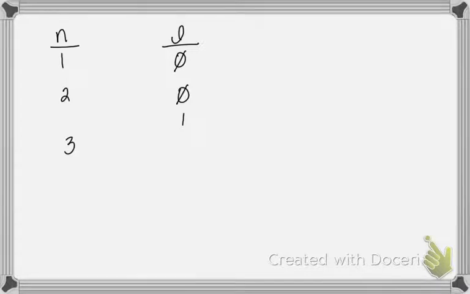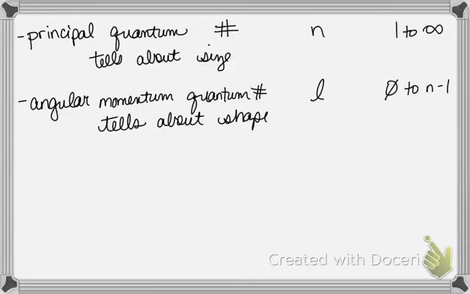If N is 3, L can be 0, 1, or 2. If N is 4, L can be 0, 1, 2, or 3. If N is 5, L can be 0, 1, 2, 3, or 4. Do y'all see the pattern there? Okay? Now, L tells us about the shape.